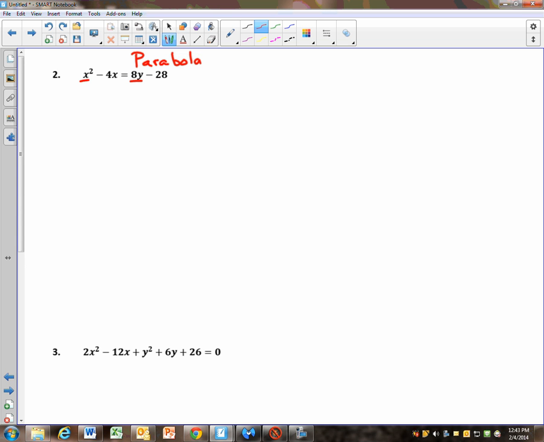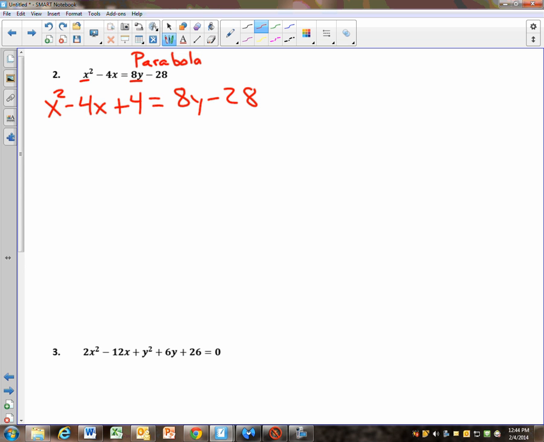Okay. So, is this going to be a y equals or an x equals? Y equals. So therefore, we're going to have a completed square for x squared. So we got x squared minus 4x equals 8y minus 28. What do you need to add to complete the square? Take the 4, divide it by 2 to get 2, square it to get 4, so 4 is what we add.